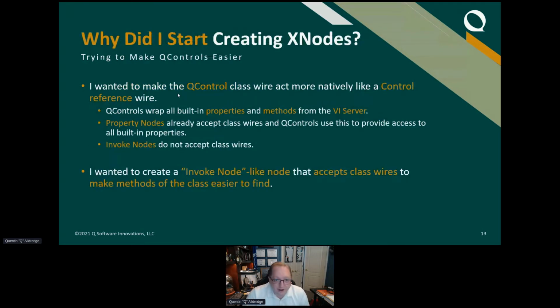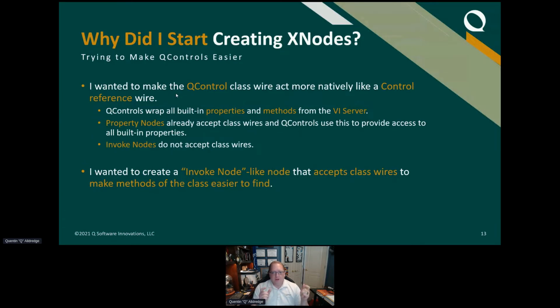So why did I start creating an XNode? You probably heard me reference that I made the QControl toolkit, which is a replacement for XControls, and I wanted to make it easier to interact with those. Right now, the QControl toolkit wraps up all of the built-in properties and methods.